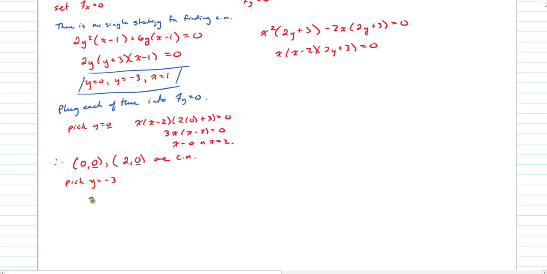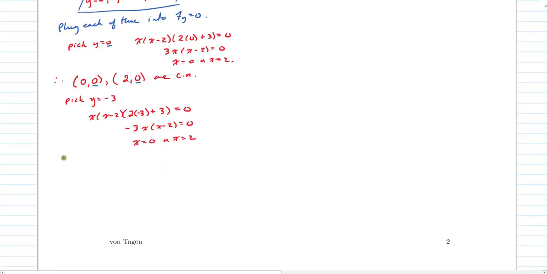So if we did that, we would have x times x minus 2 times the quantity 2 times negative 3 plus 3 needs to equal 0. So it gives me minus 3 times x minus 2 has to equal 0, which gives me x equals 0, or x is equal to 2 again. And so that gives us the critical numbers (0, -3) and (2, -3).